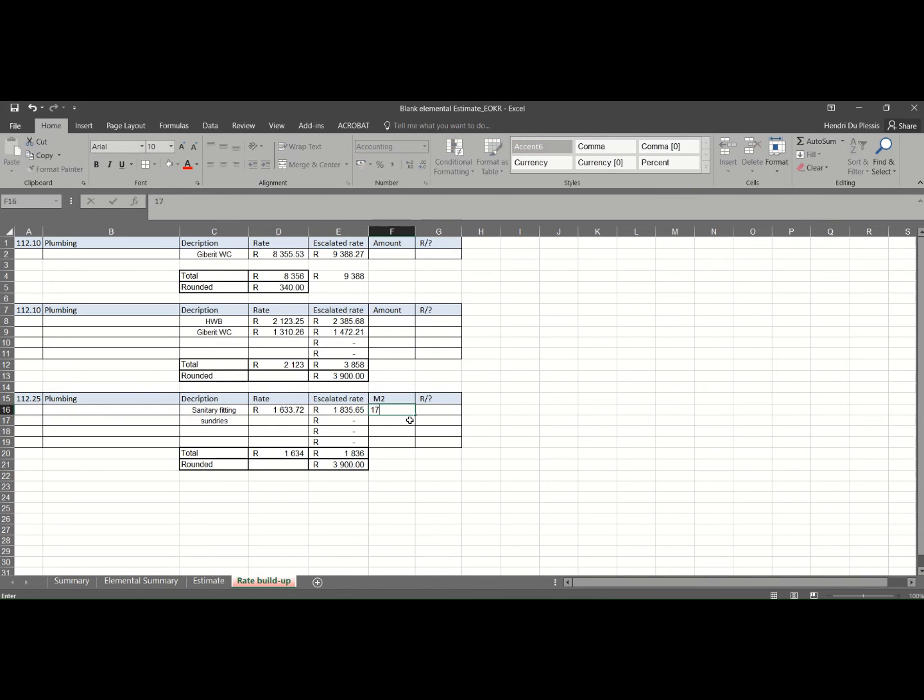In our case it was 170 square meters, and you would divide that to get to a rate.